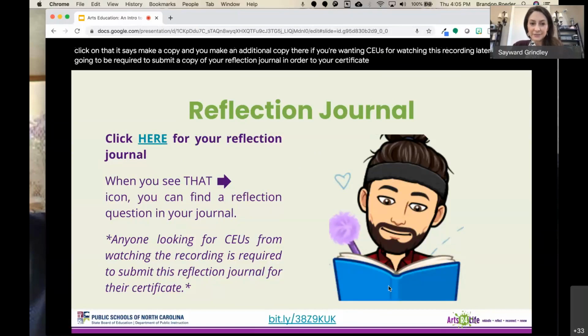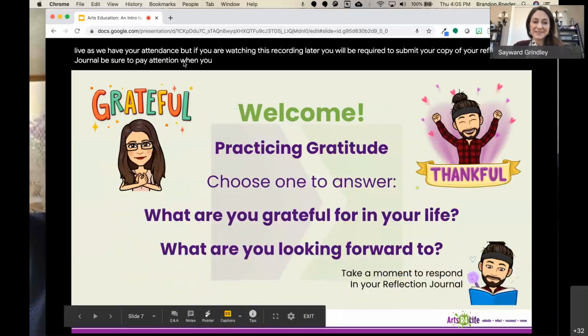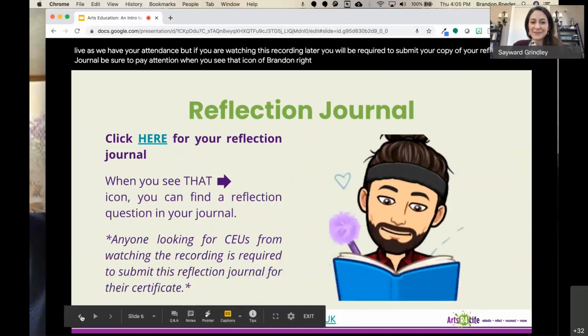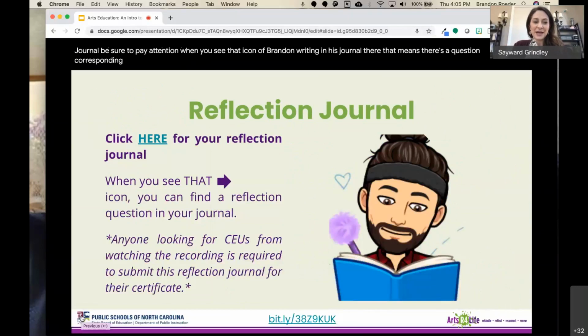You do not have to turn it in if you're attending live, as we have your attendance. Be sure to pay attention when you see that icon of Brandon writing in his journal. That means there's a question corresponding in your journal to go along with that page.